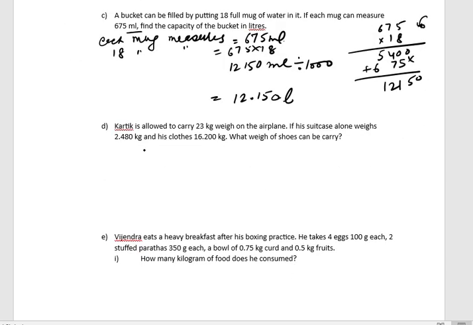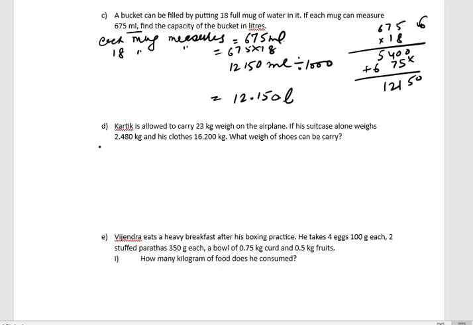Next part, D part. Karthik is allowed to carry 23 kg weight on the airplane. If his suitcase alone weighs 2.480 kilogram and his clothes are this much, what weight of shoes can he carry? So altogether 23 kgs, but already the suitcase and the clothes have some weight. So what is left over? Let's start with the word problem.